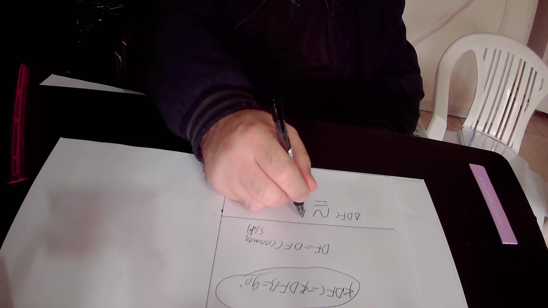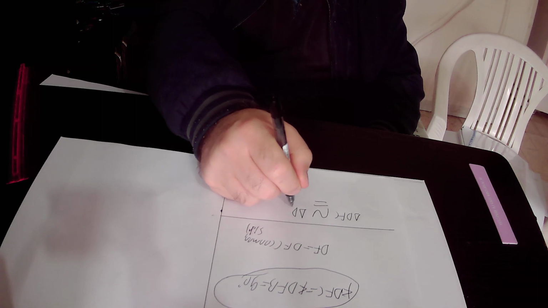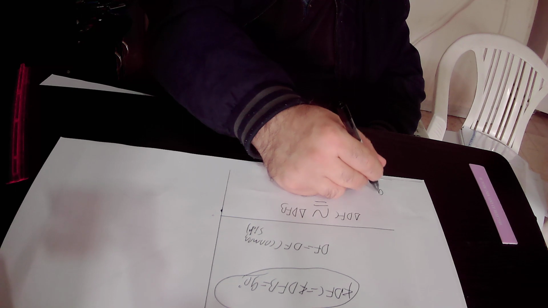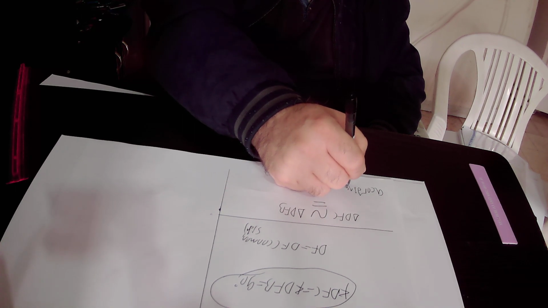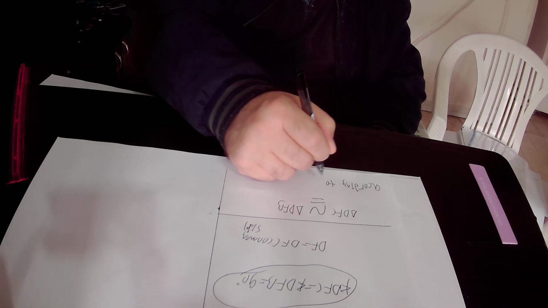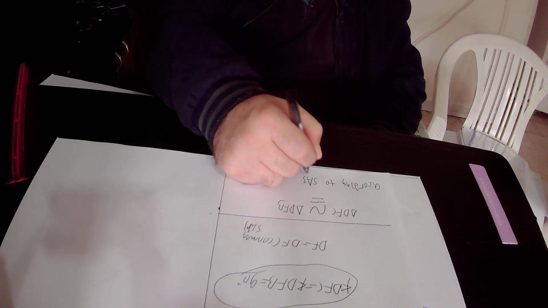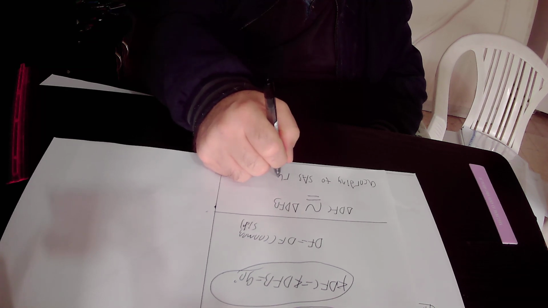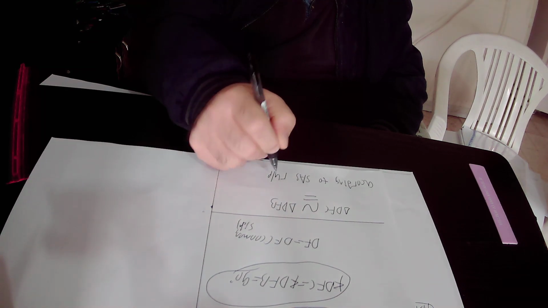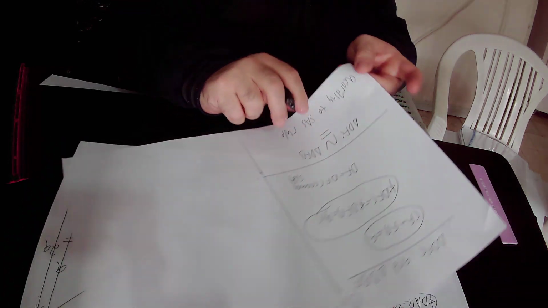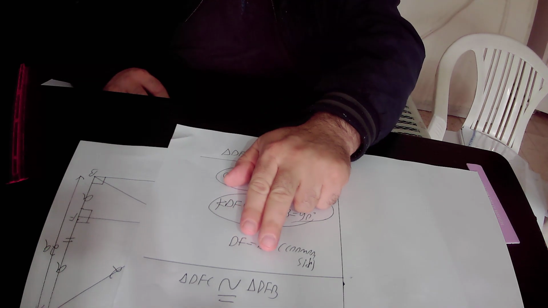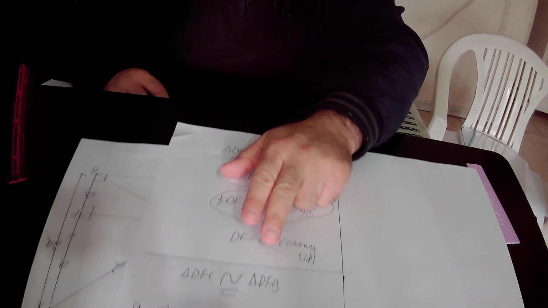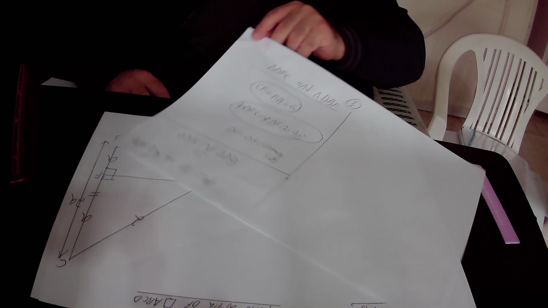Triangle DFC is congruent to triangle DFB according to the side angle side rule. I will repeat again. We actually proved the triangle DFC congruent to triangle DFB according to side angle side rule.